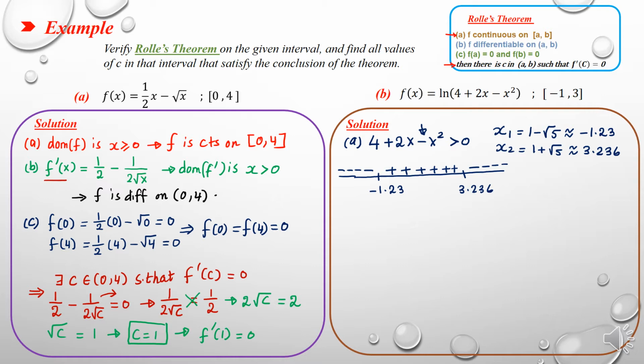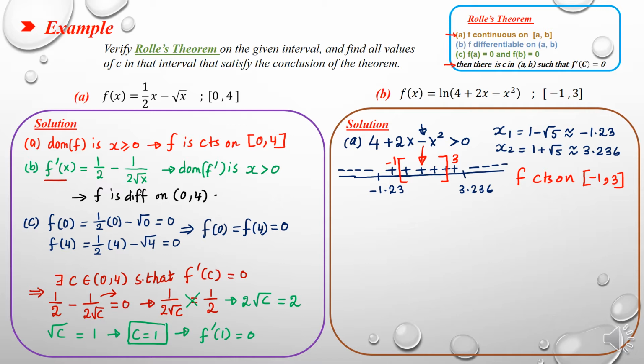Now our interval is from -1 to 3, so we are working in this area, and here the function inside the logarithm is positive. So f is continuous on the closed interval from -1 to 3. So the first condition is satisfied for Rolle's theorem.